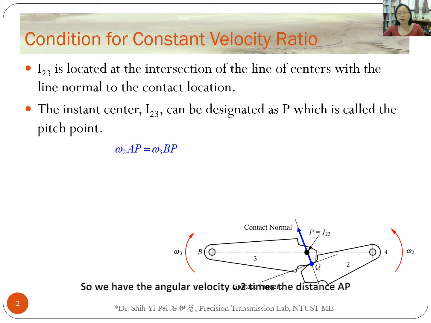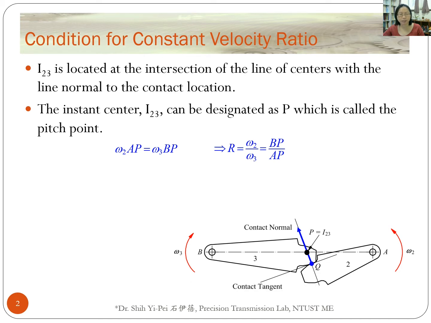So we have the angular velocity omega 2 times the distance AP is equal to the angular velocity omega 3 times the distance VP. Angular velocity omega 2 and omega 3 are in opposite directions. Then we have the velocity ratio R is equal to omega 2 over omega 3.